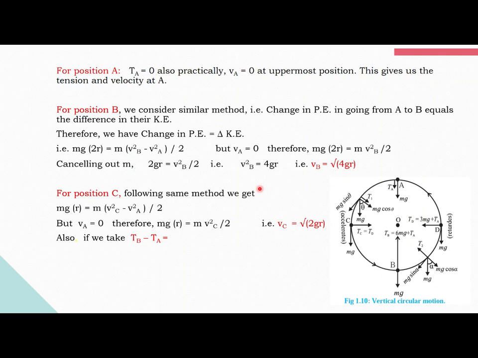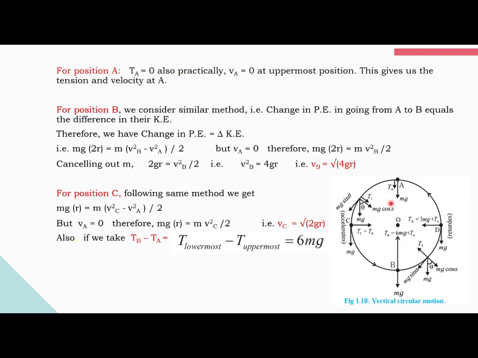Also, if we take Tb minus Ta, that is, T lowermost minus T uppermost, it is equal to 6 mg. Look at this figure. Tb is equal to 6 mg plus Ta, minus T uppermost.